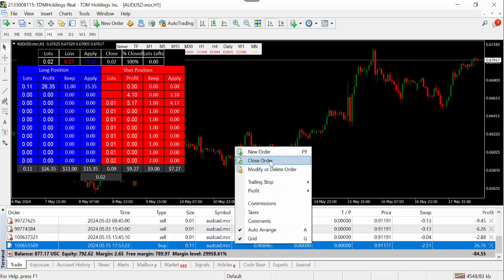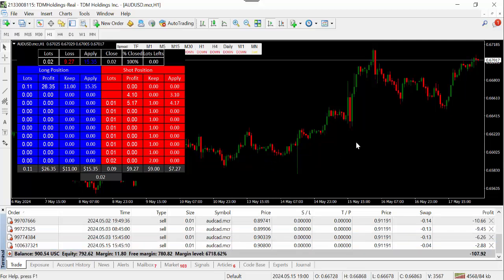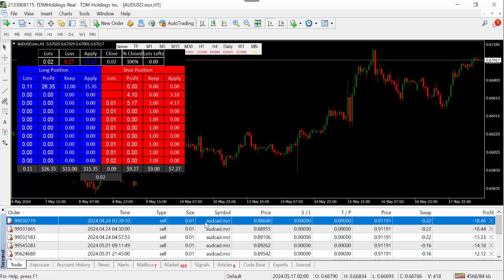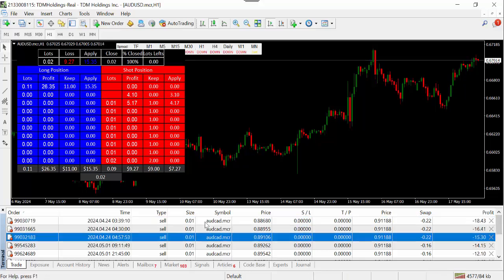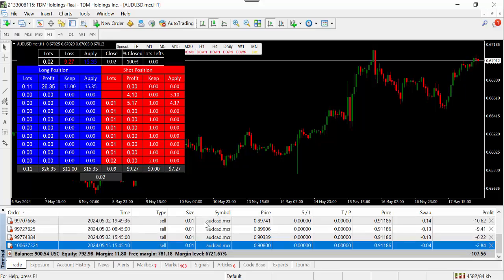We close this order completely. So now that we have closed it completely, how many floating trades do we have? We have 1, 2, 3, 4, 5, 6, 7, 8, 9. We must have 9 because you remember from 11 we removed 0.02. So 0.09.